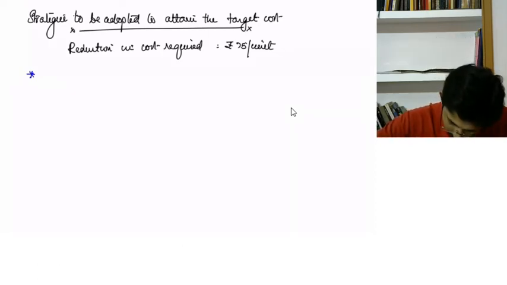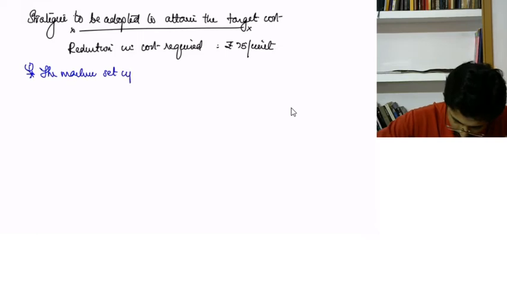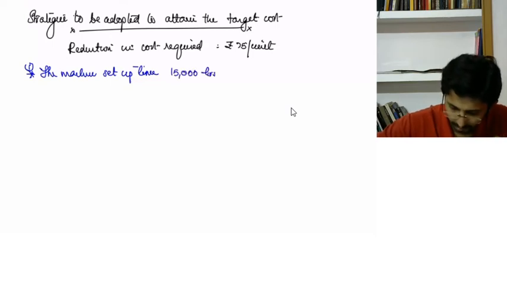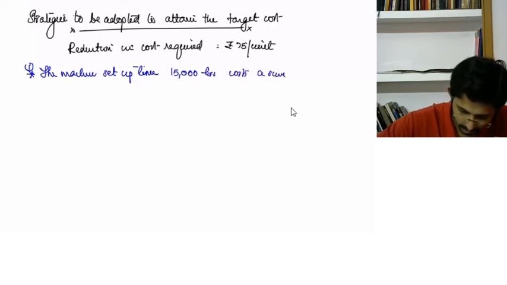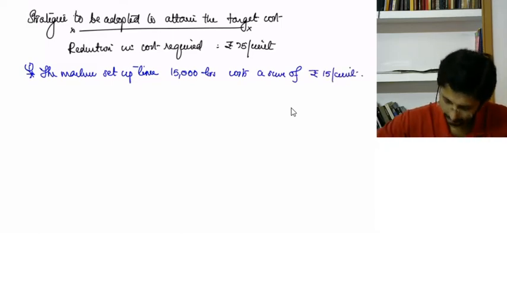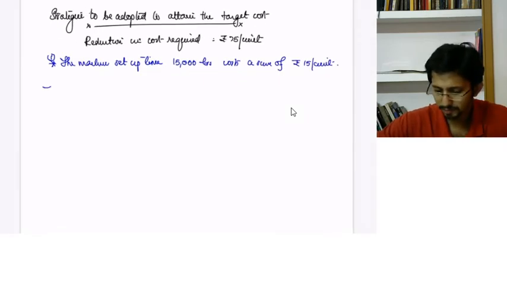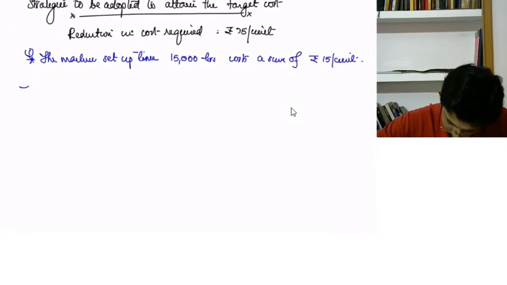Okay. So you can write the machine setup time, 15,000 hours, cost a sum of rupees 15 per unit. Okay, this is a non-value added activity.